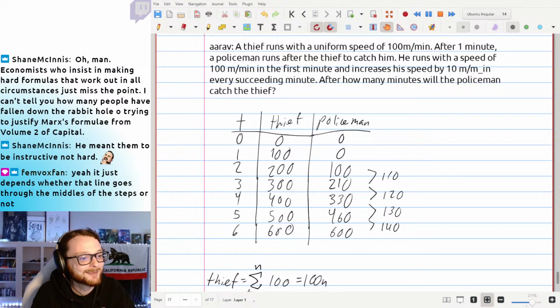Economists who insist on making hard formulas that work out in all circumstances just miss the point. Then many people fall down the rabbit hole trying to justify Marx's formula from volume 2 of Capital. And to be instructive, not hard. Oh, I haven't even gone that deep in it.